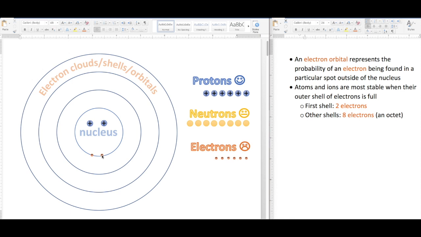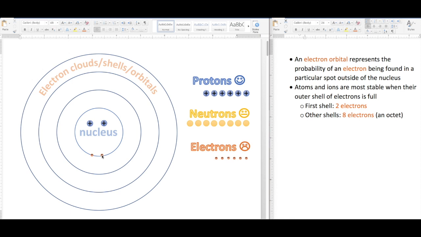So if you've ever seen a big cloud of gnats and there's a bunch of them there, and you can see the cloud, but you wouldn't necessarily be able to pinpoint and follow one particular gnat in that cloud. So think of the electrons as being like that.